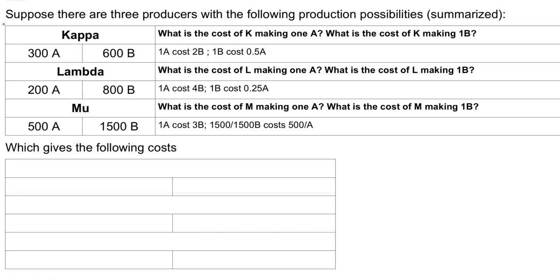And we're going to divide this side by 1500 as well. And so if you take 1500 B's divided by 1500, you get 1B. If you take 500 A's divided by 1500, you get 1/3 of an A. 1/3 of an A, of course, is also 0.33, and actually it's 0.33333, and it keeps on going, but we'll just round it off to 0.33.